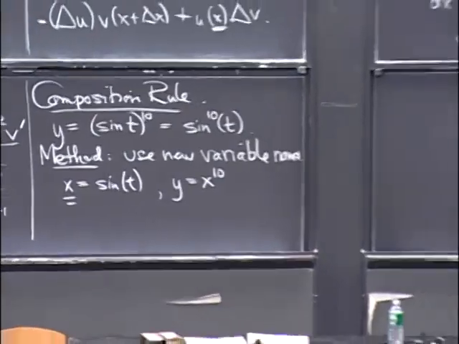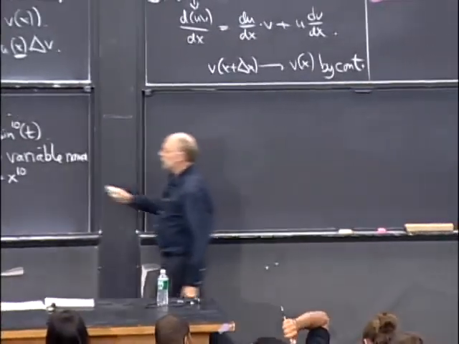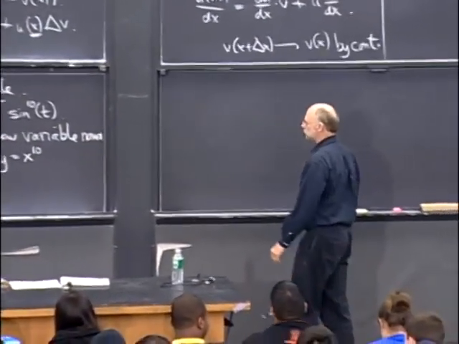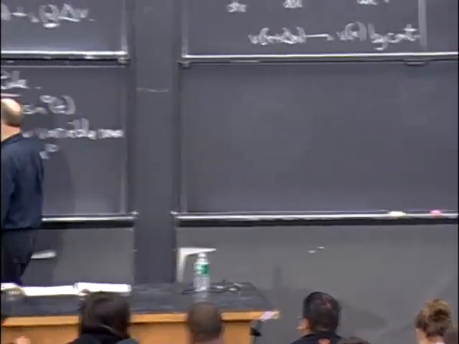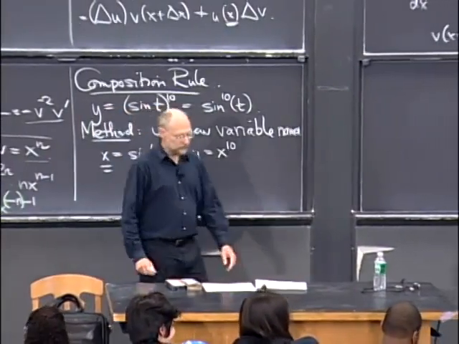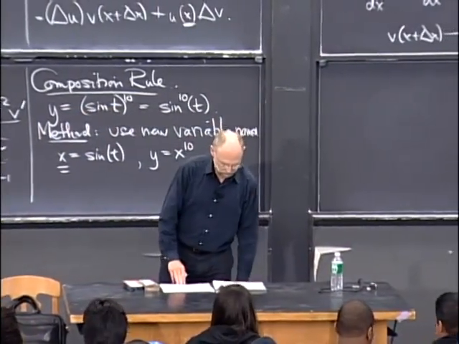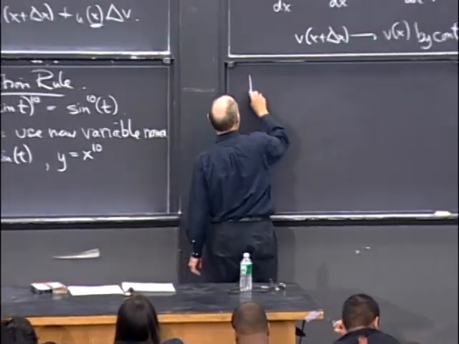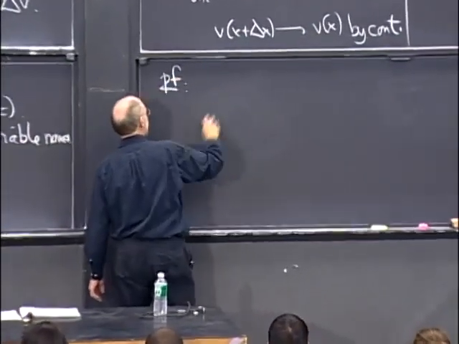So let's find a rule for differentiating a composition, a function that can be expressed by doing one function and then applying another function. And here's the rule. Well, maybe I'll actually derive this rule first, and then you'll see what it is. In fact, the rule is very simple to derive. So this is a proof first, and then we'll write down the rule.